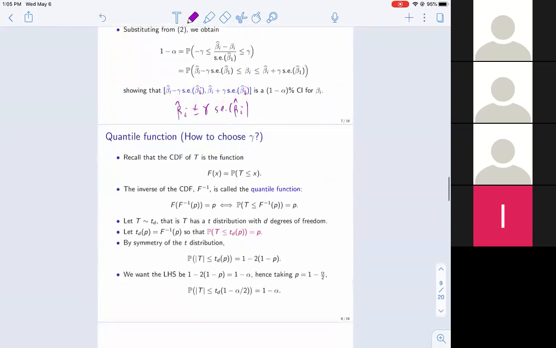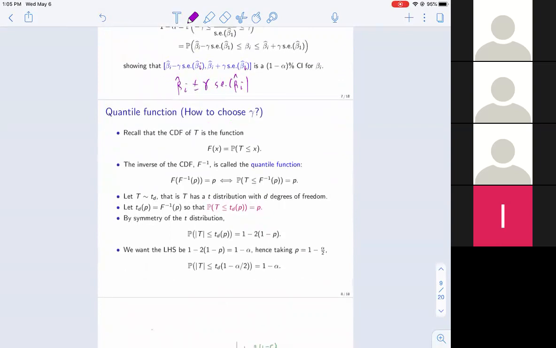So this is a little bit about the quantile function, which I'm just going to briefly mention and skip in the interest of time. That's how to choose gamma. The quantile function is the inverse of the CDF. So this is the CDF, the probability that t is less than x, and the inverse of the CDF is called the quantile function. It's F inverse, and it has this property that if I evaluate F at F inverse of p, I get back p. If you unpack this, it means the probability that t is less than F inverse of p is equal to p.